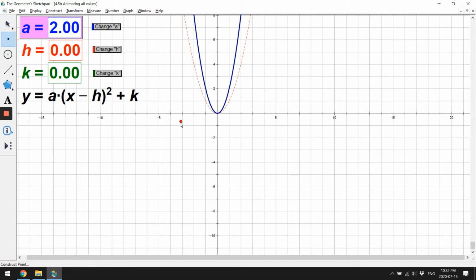And we want to ask ourselves, why is the blue parabola skinnier than the red parabola when a is equal to 2? Because when a is equal to 2, what that means is that we are going to double the vertical distance from the points on the red parabola to the x-axis. From this point to the x-axis is 1 unit.